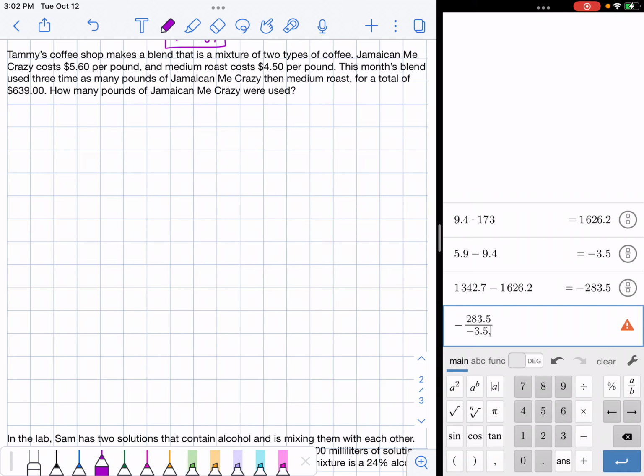Okay, so I'm going to set up my chart. We have our 2 types of coffee, Jamaican Me Crazy and medium roast. And they give us information about how much it costs and how many pounds we have, and then we have to have a total column for each.